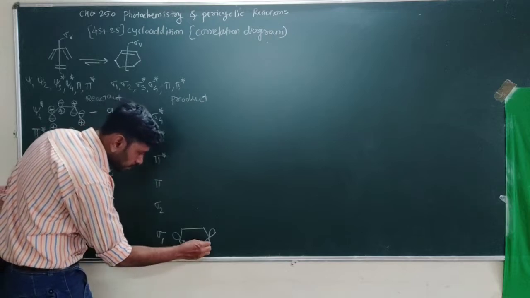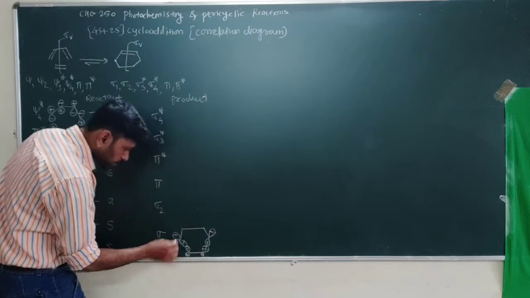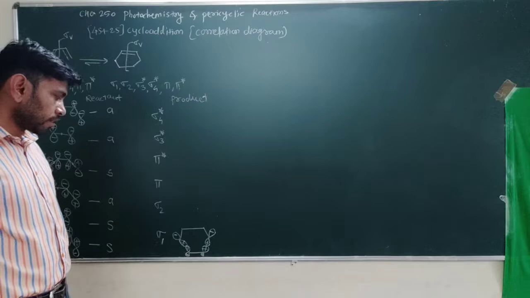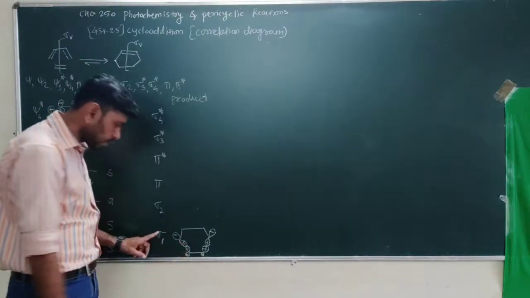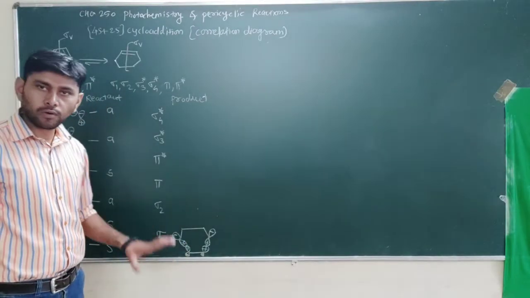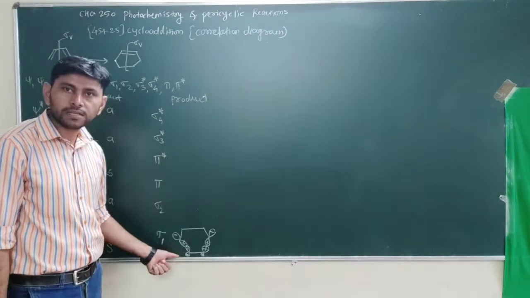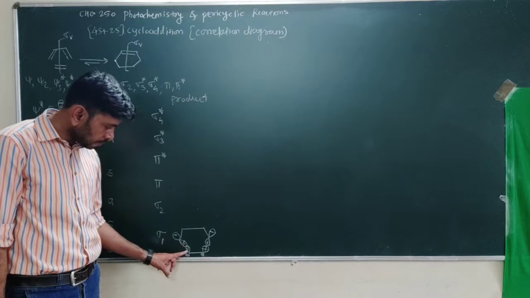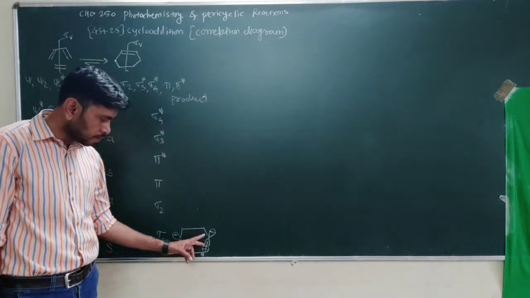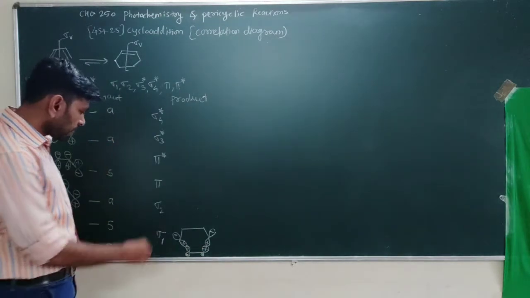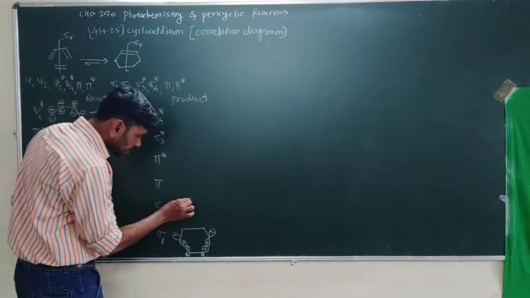This is M symmetry but bonding. It is bonding because a sigma bond forms only when there is bonding between the orbitals. Here I draw a plus sign, here a plus sign, so it is a bonding molecular orbital.